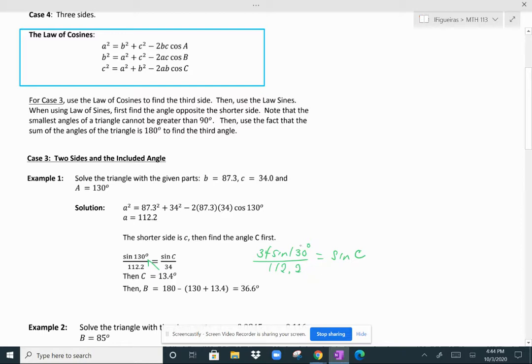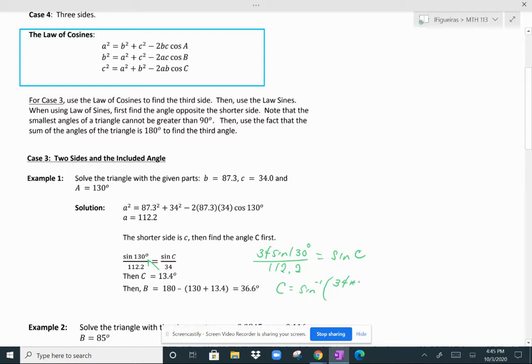Then you have to take the sine inverse of this whole thing, because remember you're solving for C. You can actually put this into a calculator exactly as I'm stating it.